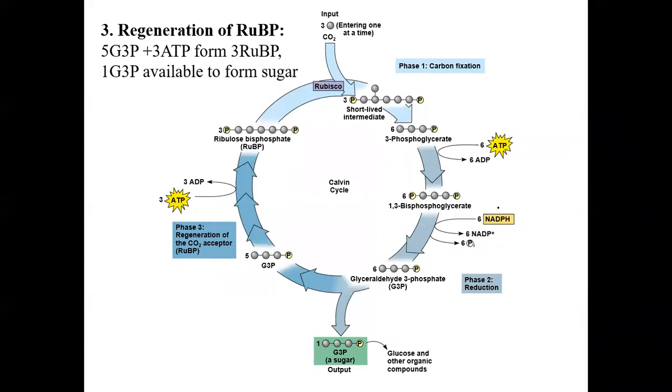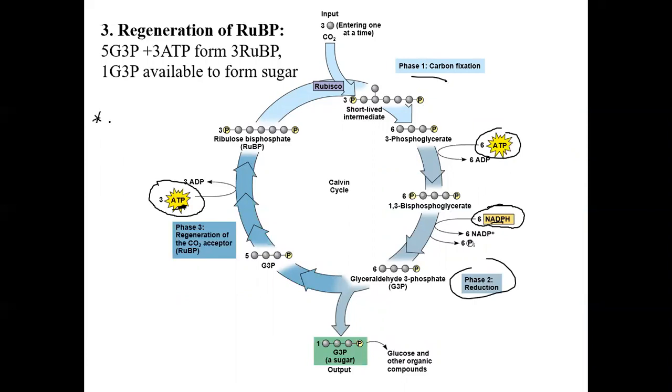Now, just to revisit this, I want to take a second and make sure you guys see this. Notice that I only need 6 NADPHs in the reduction phase. But when I look here, I need 6 ATPs. So this is my fixation. In the reduction phase, it's a 1-to-1 ratio. But if you look over here, I actually have to use 3 more ATPs.